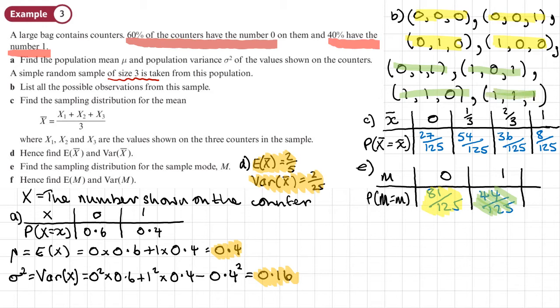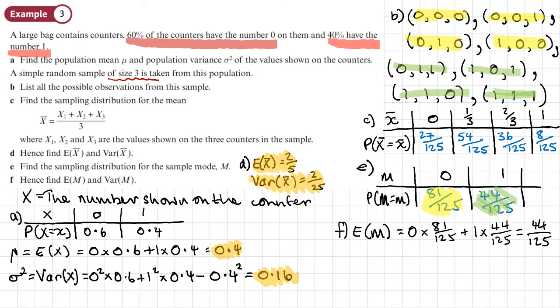And then lastly, part F, what we want to do is to find E of M and var M. So E of M is 0 times 81 over 125 plus 1 times 44 over 125. That's just going to be 44 over 125.